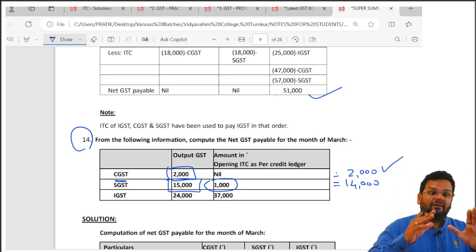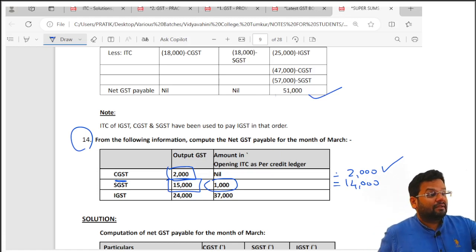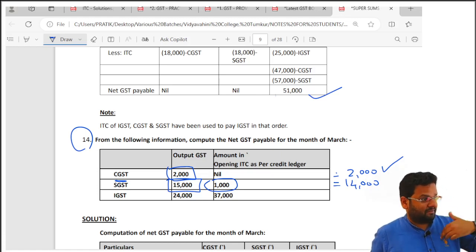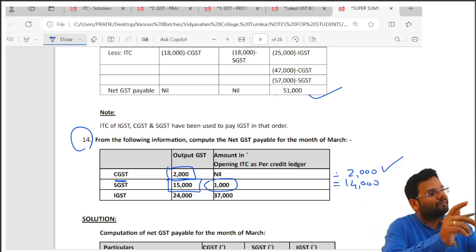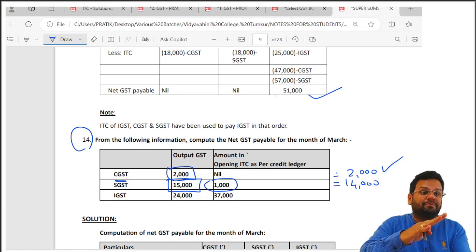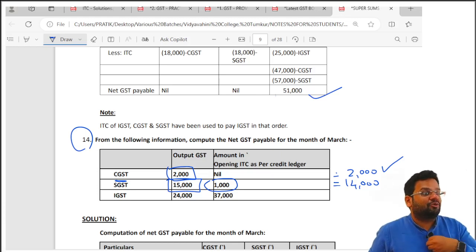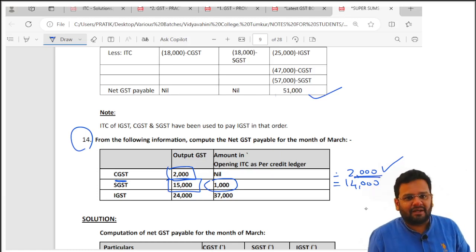Because ITC of IGST shall be utilized first to pay output tax of IGST, and the balance, if any, to pay CGST and SGST, in any order or any proportion. So let me use it most logically: 2000 for this and the balance for this.